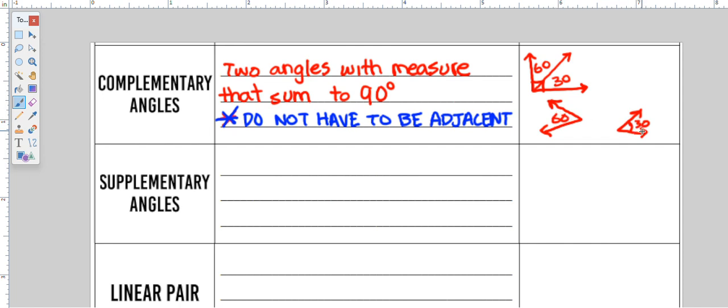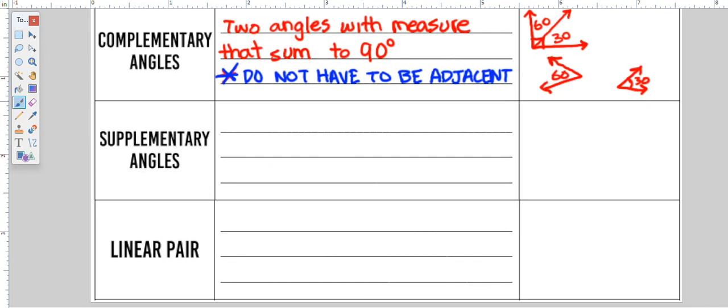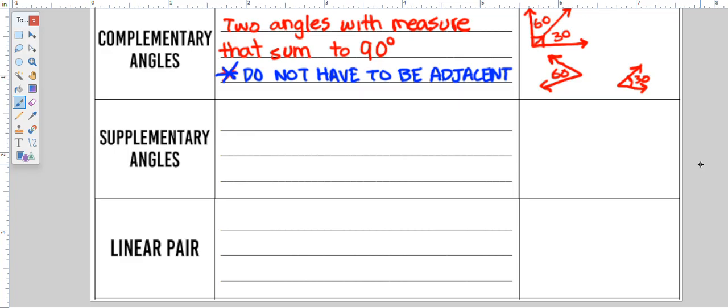They add up together, right, and equal 90. These two are also complementary and add up to 90. However, these are adjacent, so they are also a right angle. These are not adjacent, so they are complementary, but they are not a right angle, right? Right angles have to form a 90-degree angle together and be adjacent to each other.